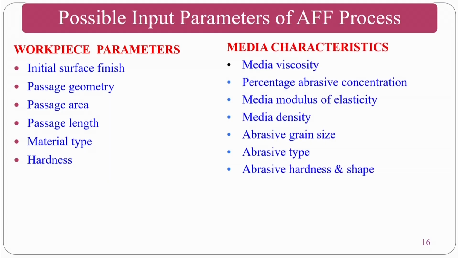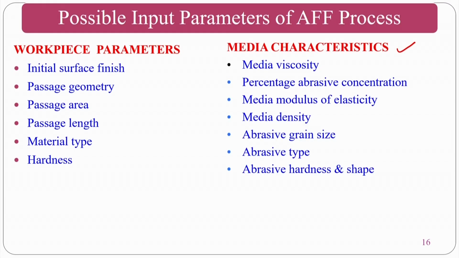If you see the medium characteristics, media viscosity will play a major role, because if the viscosity is high, that means the medium flow will reduce, but it will try to remove as much material as possible.